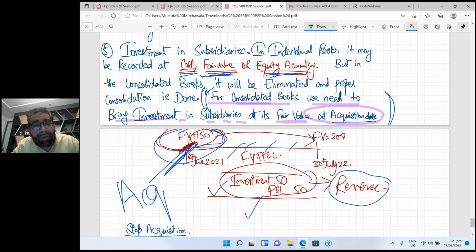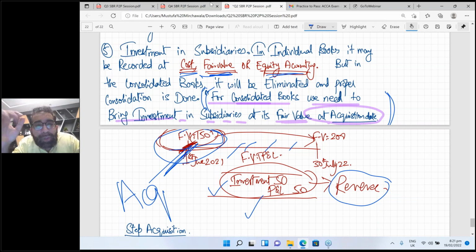Otherwise, you know what will happen? Two parallel accounting will work in consolidated books. You will be booking the gain on shares, as well as recording the profits of the complete subsidiary. So this will be double accounting.